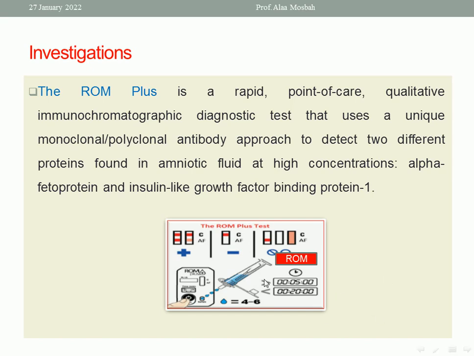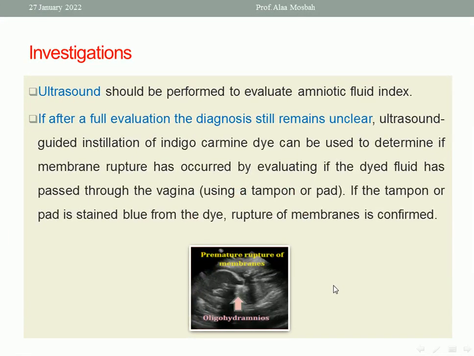As you see here in the picture, 4 to 6 drops of vaginal fluid are inserted here. Then you test, and you find here the positive test with 2 lines, and the negative test here with 1 line for control. This is another test for PROM cases.